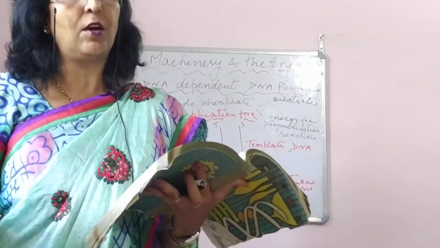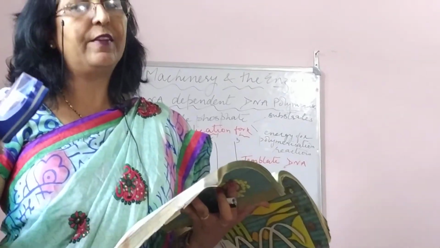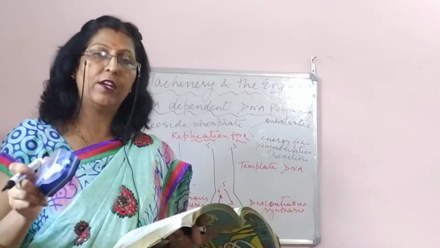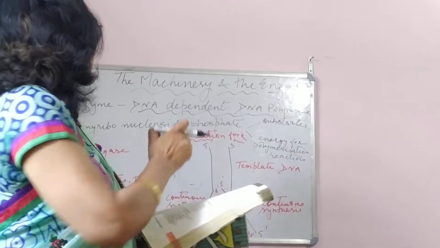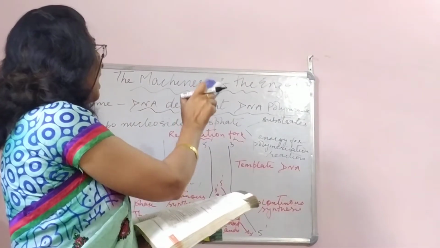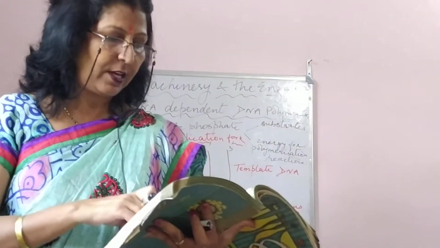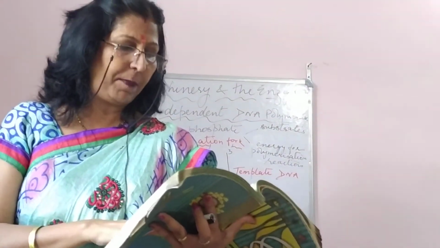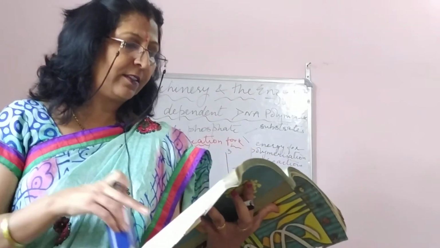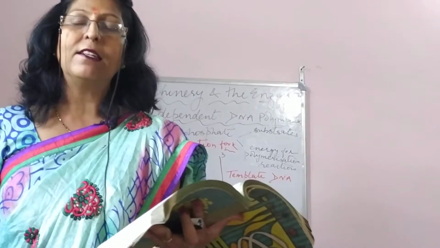When ATP breaks down, triphosphate gives ADP, diphosphate, and releases energy. So here also the deoxyribonucleoside triphosphate acts as substrate and also provides energy for polymerization reactions, same as ATP.